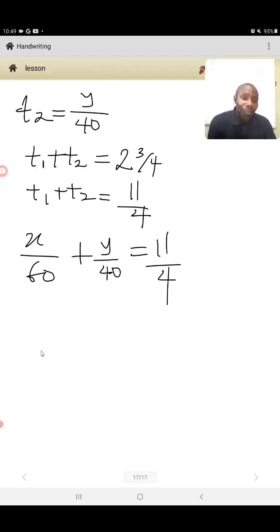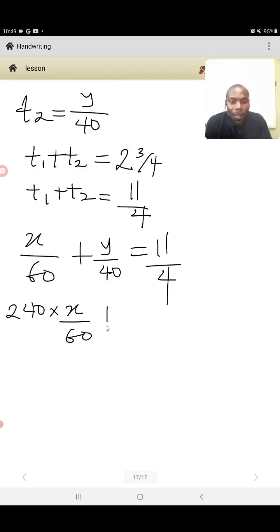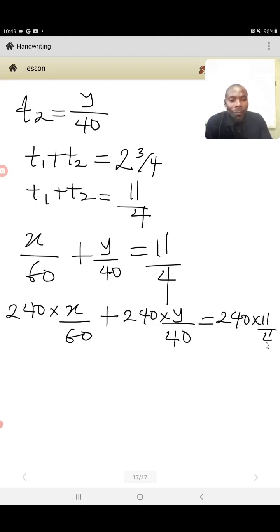Let's pick 240. 240 times x over 60 plus 240 times y over 40 is equal to 240 times 11 over 4.